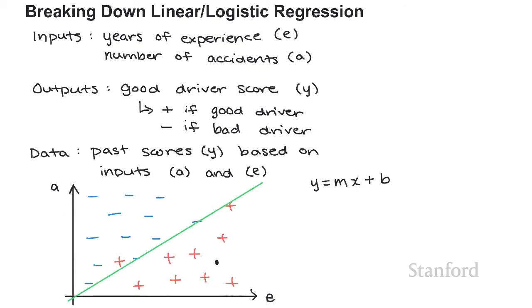And so what you would do with this equation is you would plug in an x and you would get a y. Well, now we want to find a similar equation, except now instead of just plugging in a single x, we actually have two things to input, an e as well as an a.